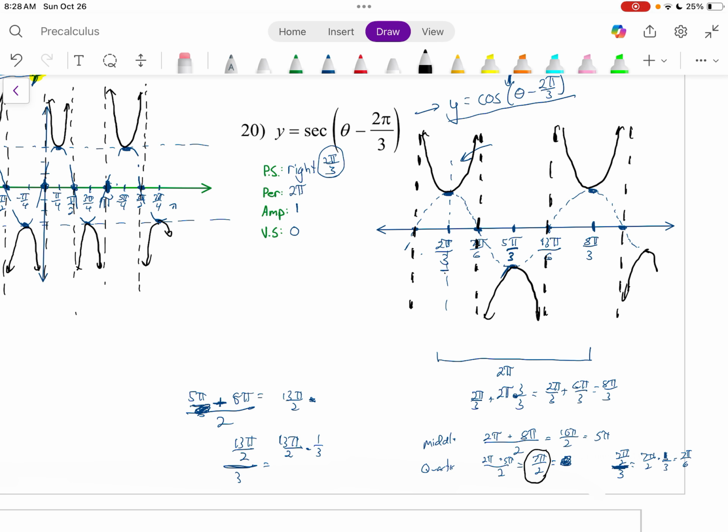Let's think of it this way. From here to here is 3 pi over 3. So if we went 3 pi over 3 this way, we're at 2 pi over 3. 3 pi over 3 this way would be negative pi over 3, which means our y-axis would be about right here. Just for reference. All right, so there is the graph of y equals secant of theta minus 2 pi over 3.